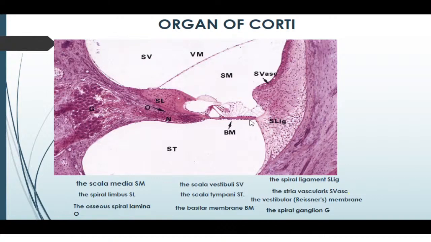Also we have seen the basilar membrane, spiral ganglion, and we have special cells inside the organ of Corti. That one is a product of cells, named the tectorial membrane, inner and outer haired cells.